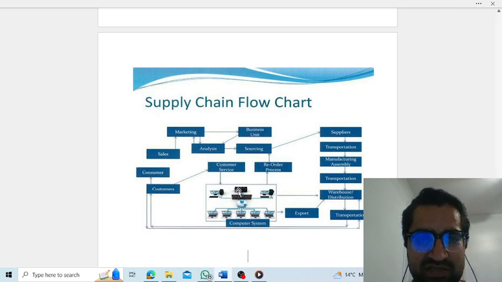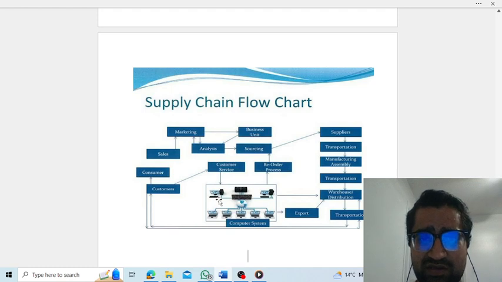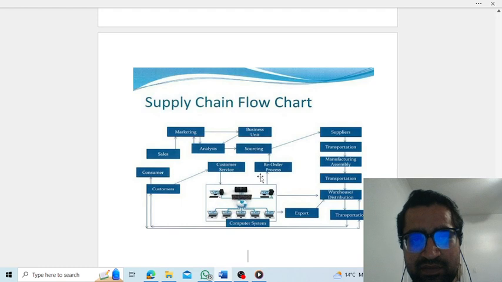And from the customers, the information goes to customer service. They are using the CRM, the customer relationship management system. The manufacturer uses the ERP to manufacture the products and to calculate the correct demand, and then the reorder process starts.